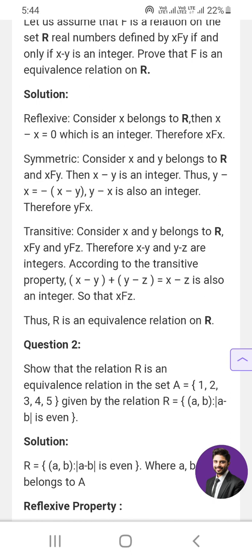Therefore x minus y and y minus z are integers. According to the transitive property, x minus y plus y minus z equals x minus z, which is also an integer.